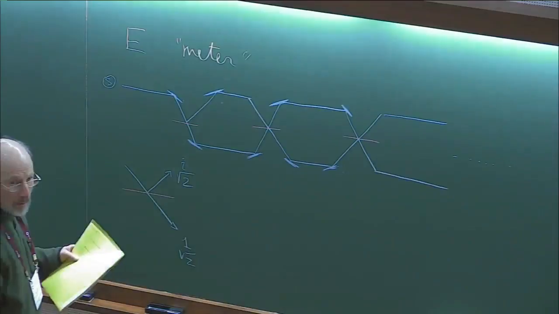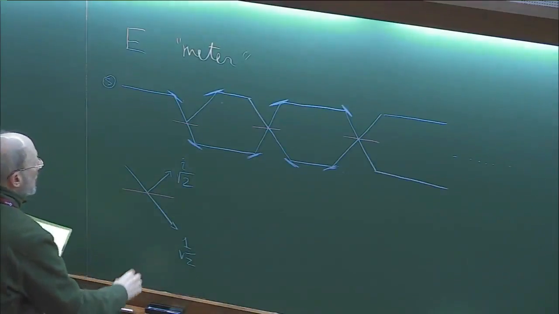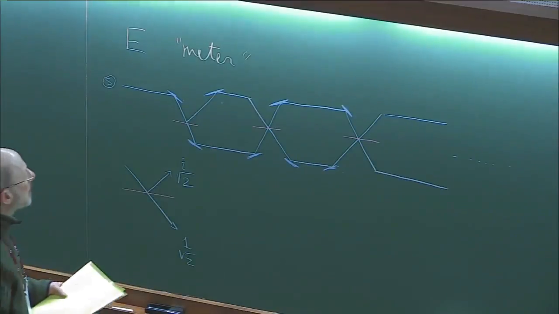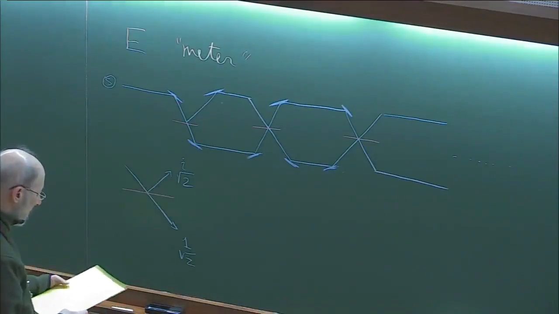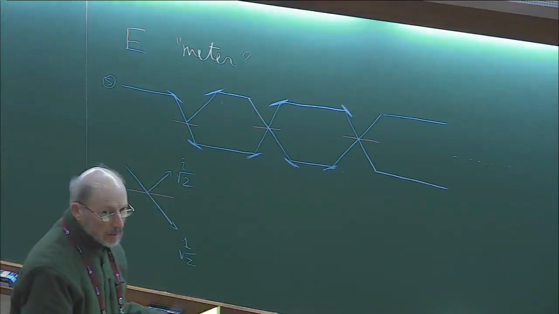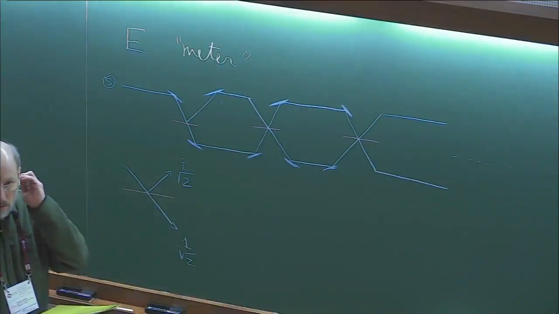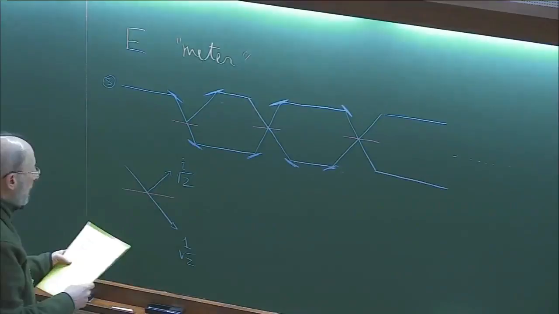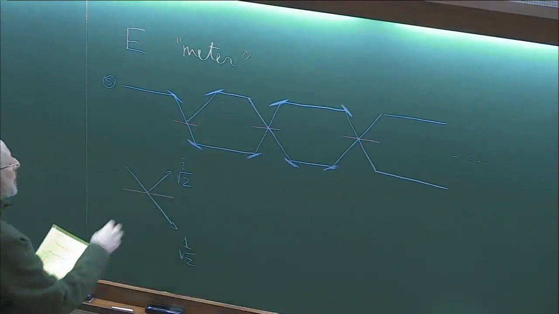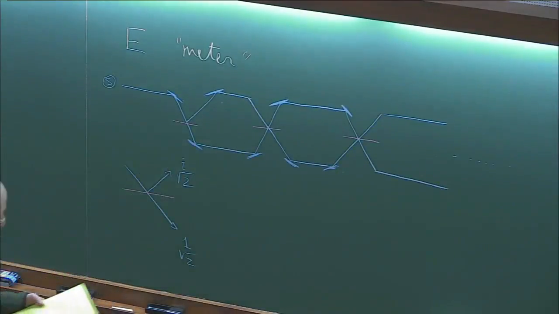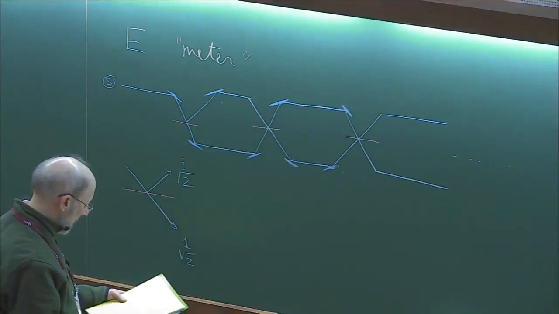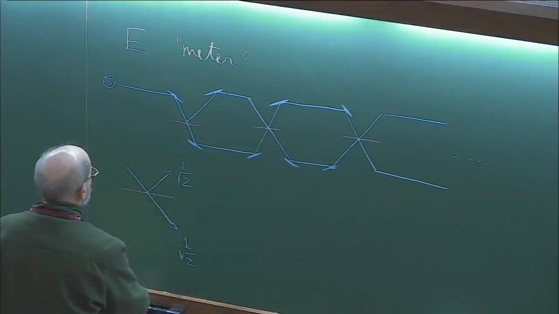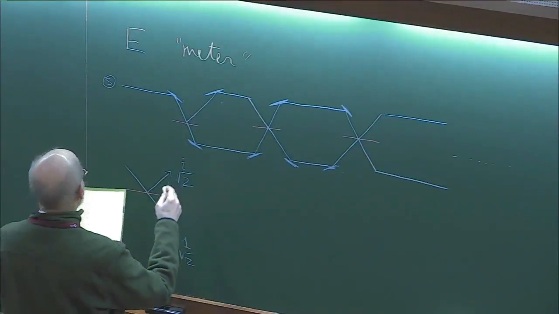You can easily convince yourself that if you think about this as a 2 by 2 matrix, it's unitary. And in fact, up to phase convention, it's the most general unitary matrix. So in other words, every beam splitter with some phase convention, if it's a 50-50, can be modeled like this, okay?